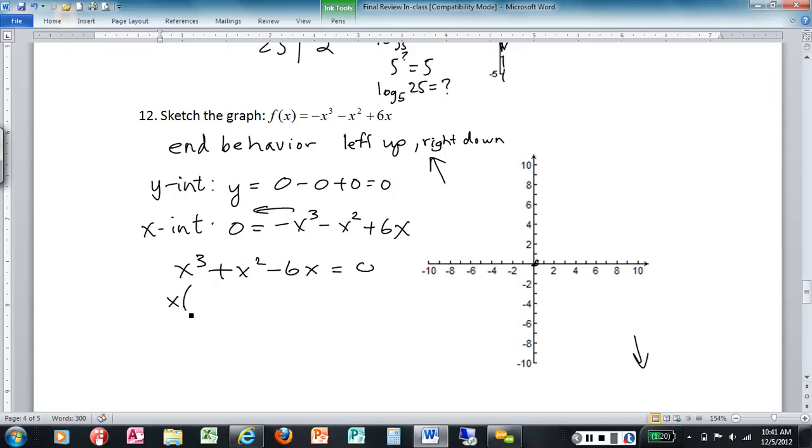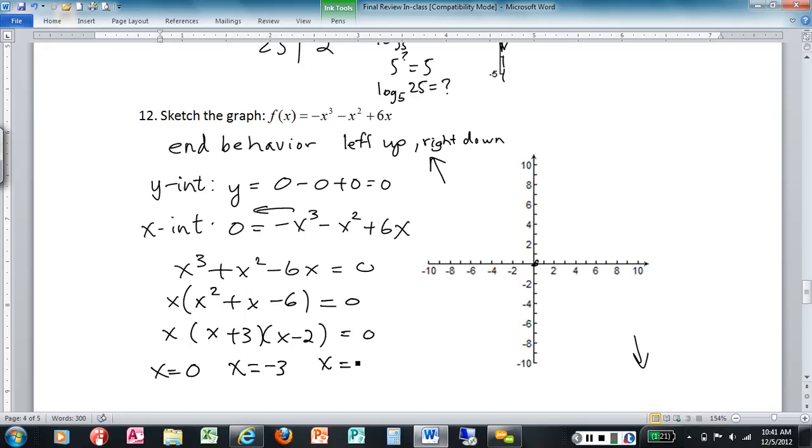Factor off an x, so I have x times x squared plus x minus 6, and then factor the x squared plus x minus 6. That'd be x and x, positive 3 and negative 2. So we wind up with x-intercepts. That'd be x is 0, negative 3, and positive 2 would be the x-intercepts.